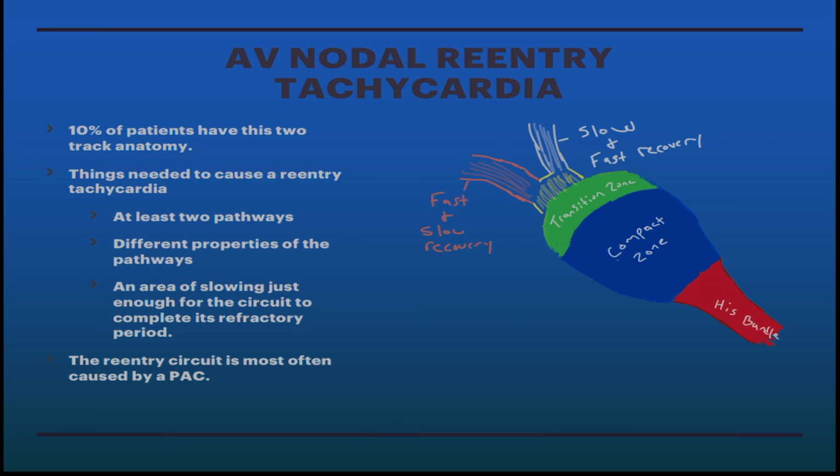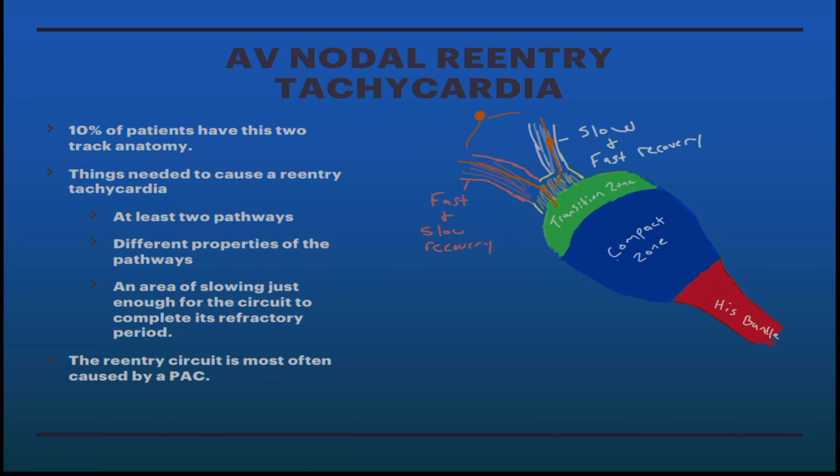Now, when AV nodal reentry tachycardia occurs and the reentry pathway is completed, you get an extra impulse that fires somewhere. So we have the normal impulse that happens, it cancels out, and then another impulse somewhere in here fires, and it sends its impulses down towards the AV node.